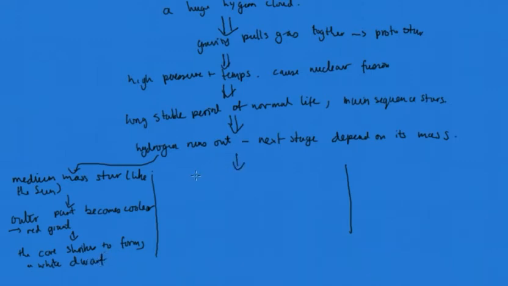A high mass star, so it's a few times more massive than the Sun, carries on fusing helium to other elements like carbon.